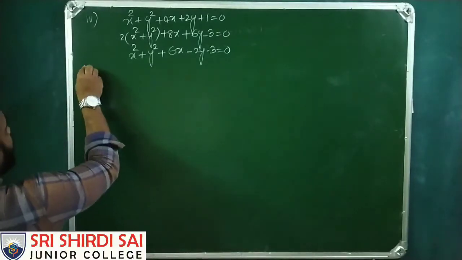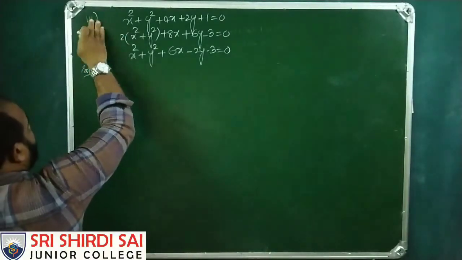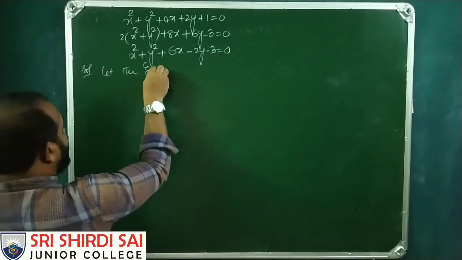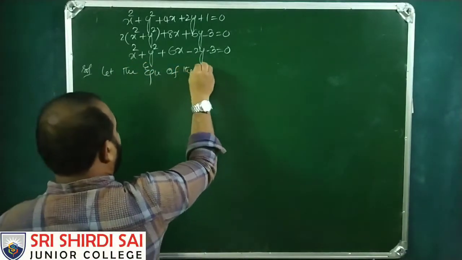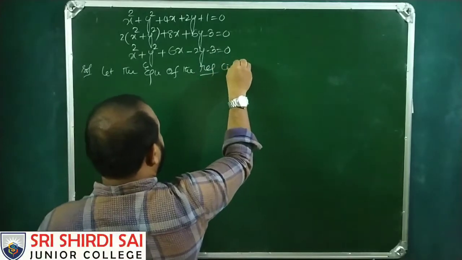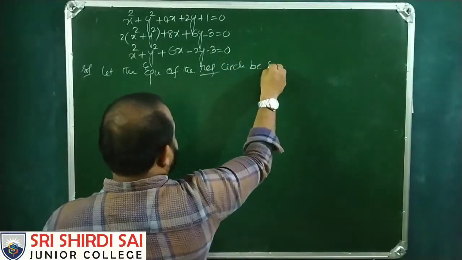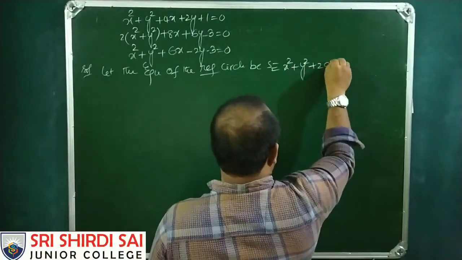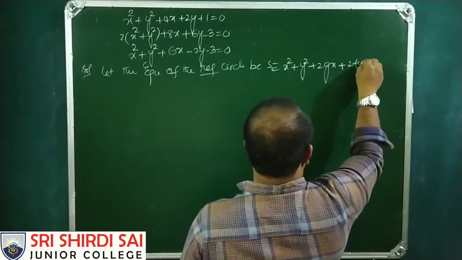So let the equation of the required circle be S: x square plus y square plus 2gx plus 2fy plus c equals to 0.